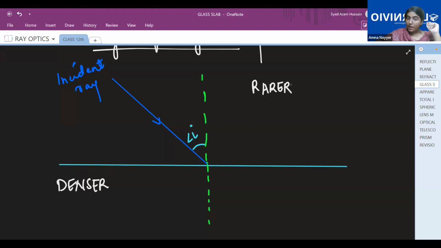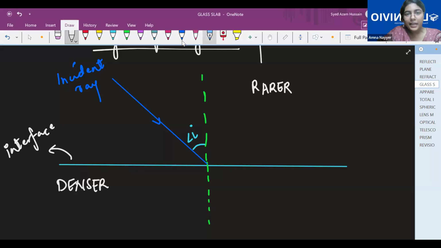Two different media are present, which are separating. This is the interface. This is known as the interface. In this interface, this is the rarer, this is the denser. So the light ray is traveling from rarer to denser.